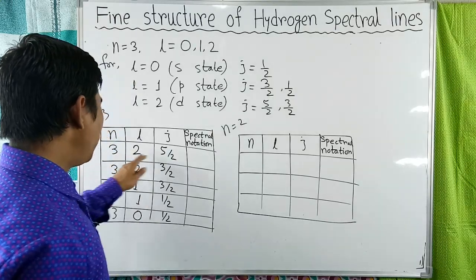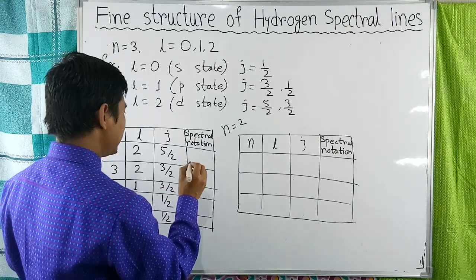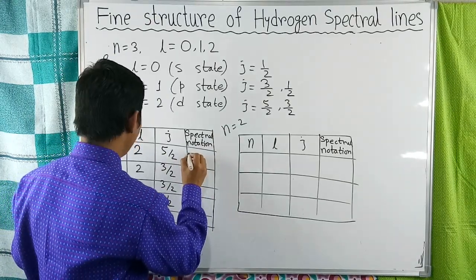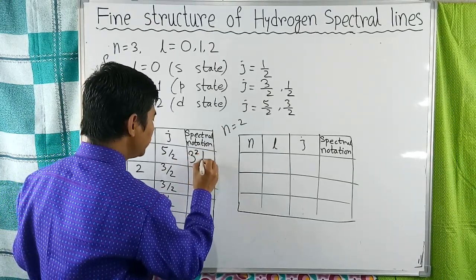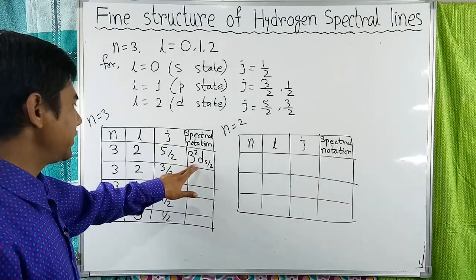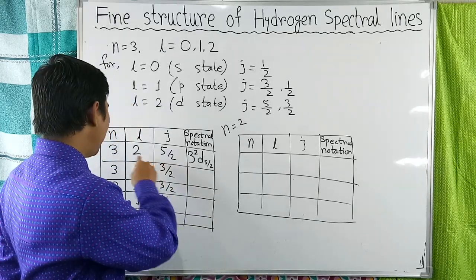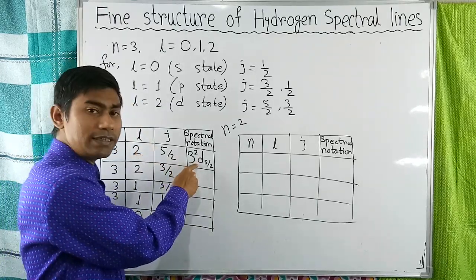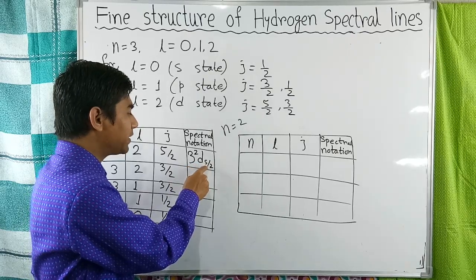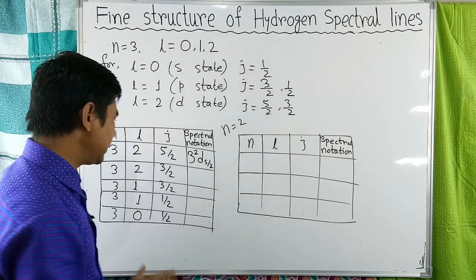Now if we write the spectral notation of these quantum states, this can be written as 3 2d 5 by 2, because here we write the value of n, the principal quantum number, and for L equals 2, that is the d state, and here we write the value of j. And this is the degeneracy.